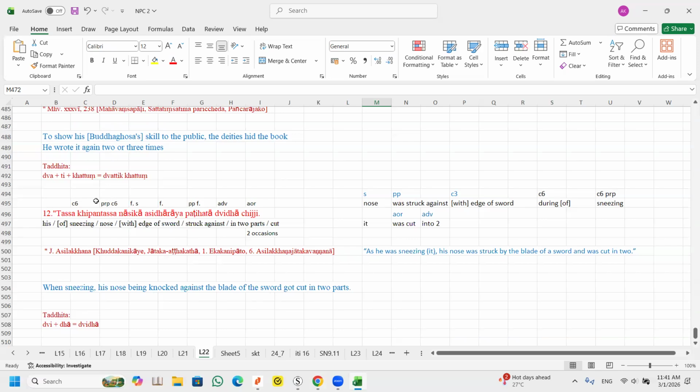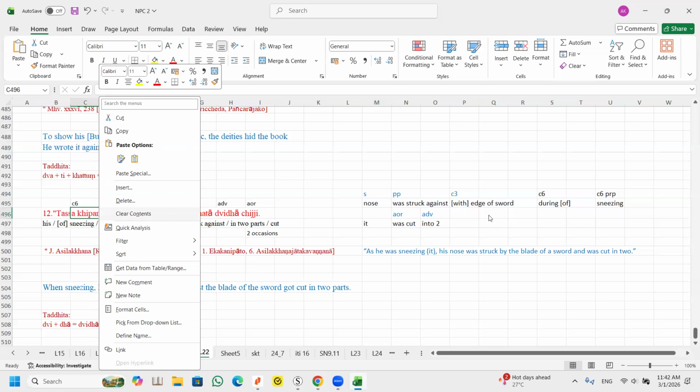If you look at this one, it is Nasika. This F means feminine, S means subject. That means this is a subject. And then you look in front here, this is a PRP. So it's okay. What you can do is take this and put it in front.